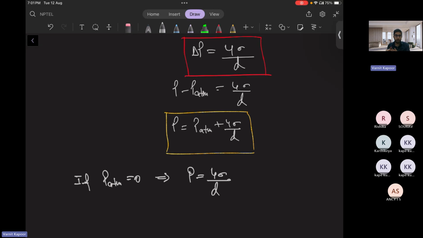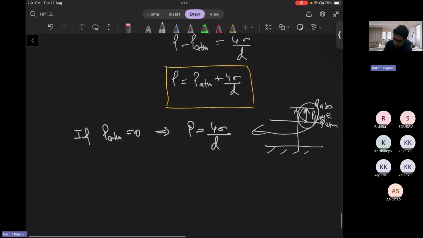And this is nothing but your gauge pressure. Absolute pressure is always measured from a reference like this. This is P atmosphere, this is your P absolute, and P gauge is the pressure above P atmosphere. This is your P gauge, and this P gauge is nothing but 4 sigma by d. So this is your gauge pressure.